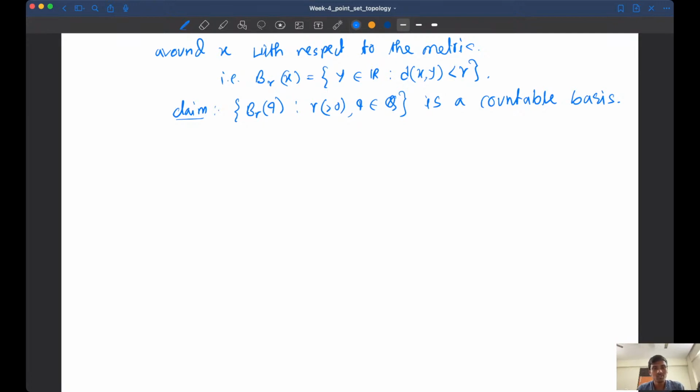So, the proof of this. This is a countable basis. First of all, it is countable, sure. And how is this a basis for the topology?